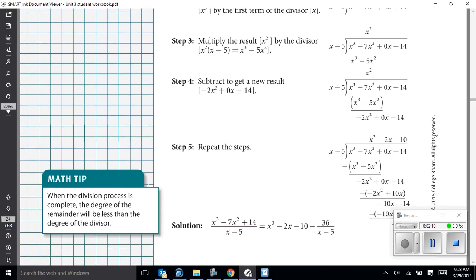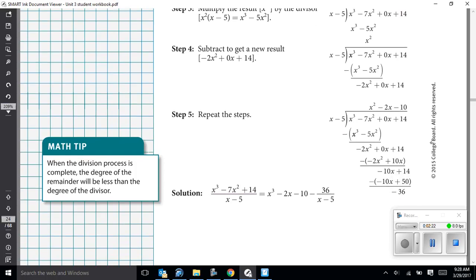So now we're looking at x goes into negative 2x squared how many times? Negative 2 times x, right? My thought process when I do it is x times what gives me negative 2x squared. That's kind of how I think about it.